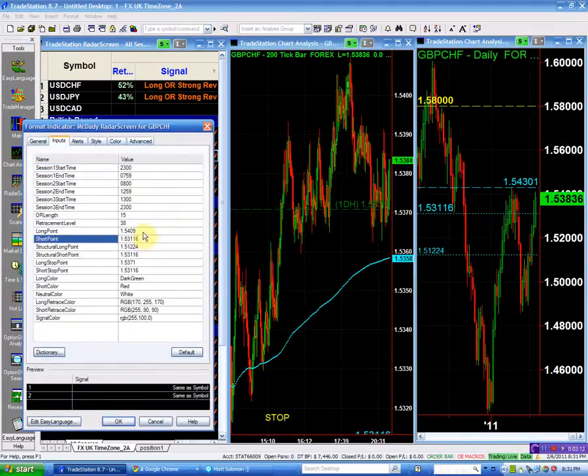We're buying it at 154, but I'm going to change the structure, because that is going to be extremely powerful if it gets above the 154.30. So the structure long in this case now is the 154.30, guys.